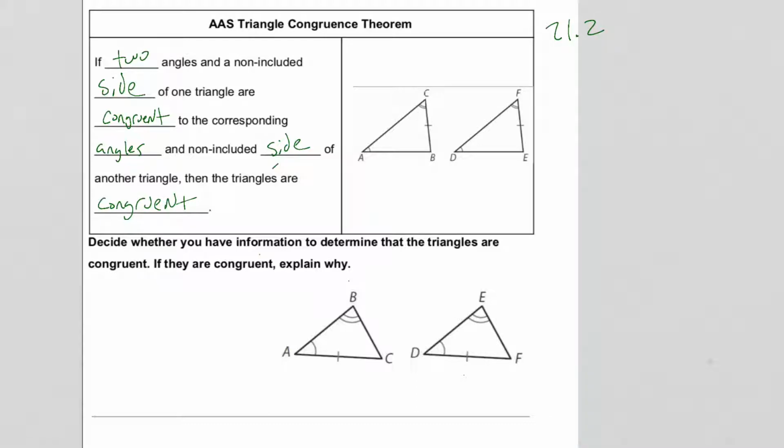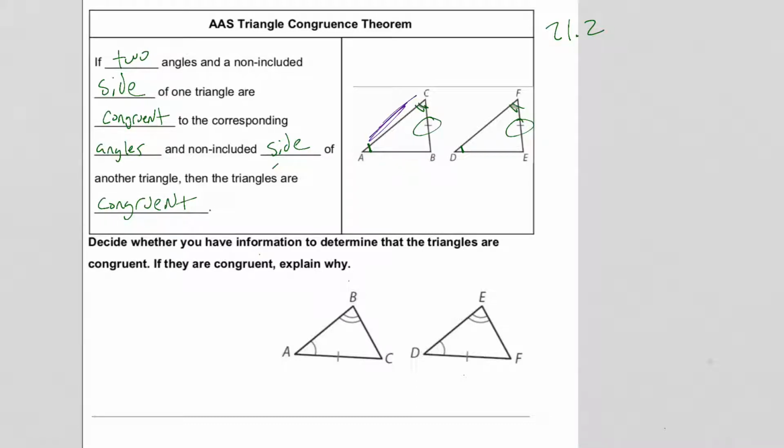And here's what that looks like. We've got an angle and an angle, that's congruent. Another angle and another angle, that's congruent. And this right here is our non-included side. By included, the included side of these two angles would be, right, just the one.